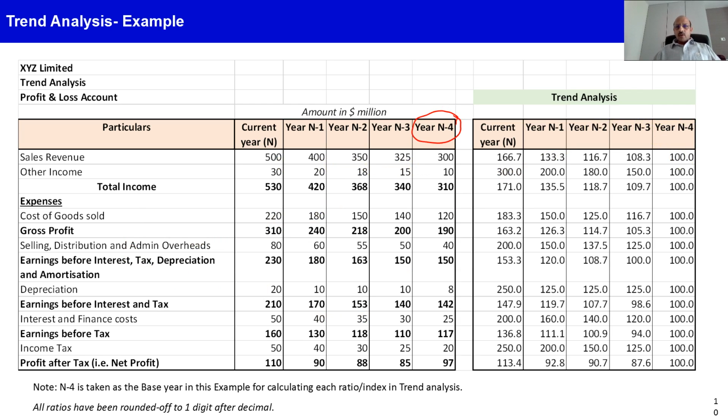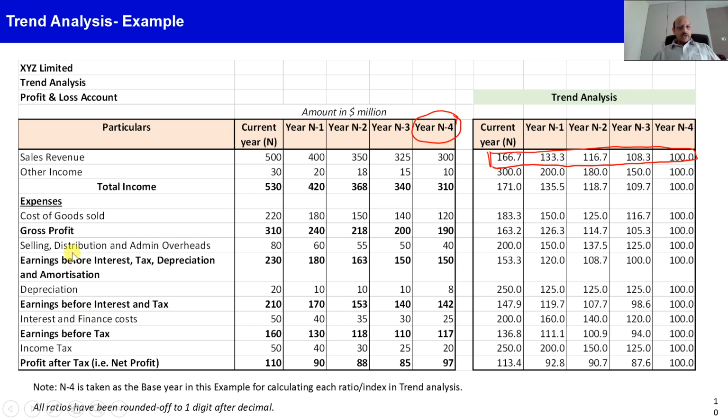So for n minus 4, all the numbers are 100 as index, and then 300 has moved to 325. So the n minus 3 index is 108.3 with respect to n minus 4. The n minus 2 index is 116.7. Every number is compared with the base of n minus 4.